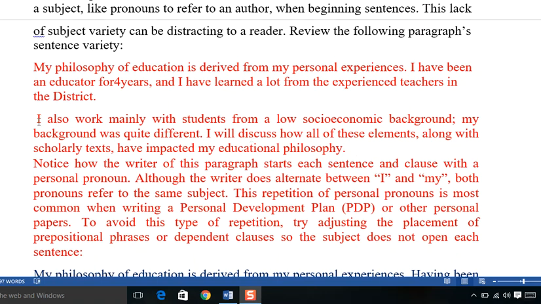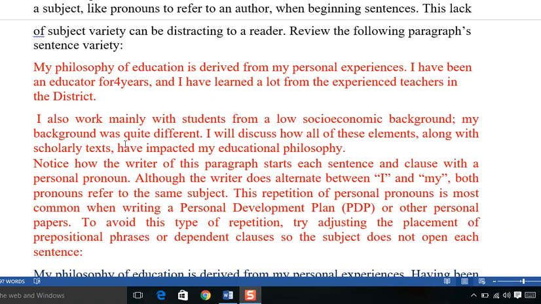My philosophy of education is derived from my personal experience. I've been an educator for 4 years and I have learned a lot from the experienced teachers in the district. I also work mainly with students from a low socio-economic background.